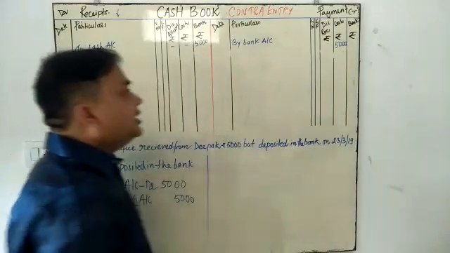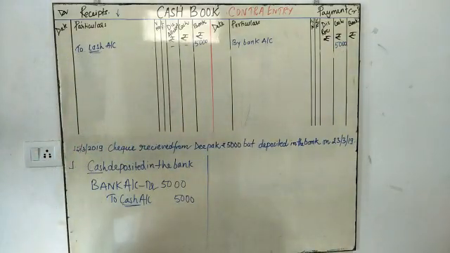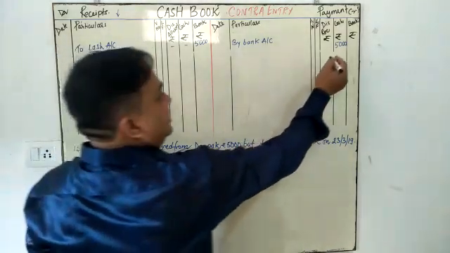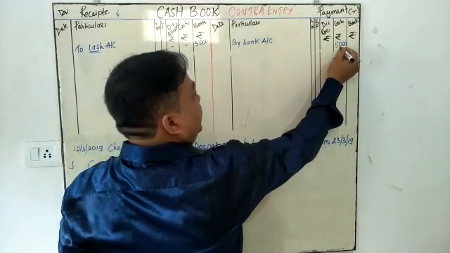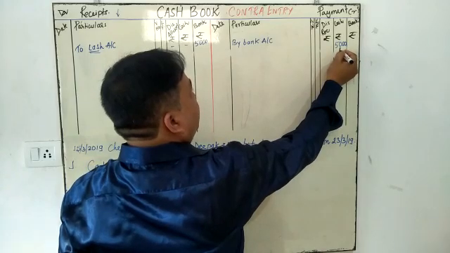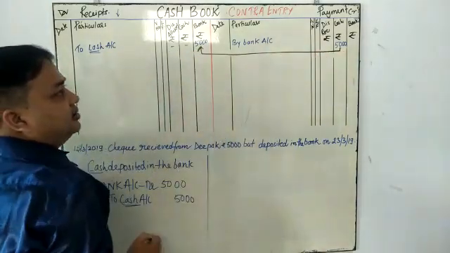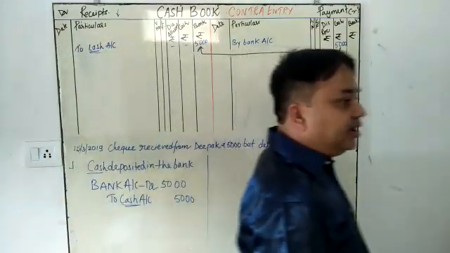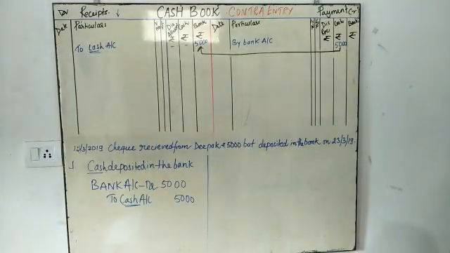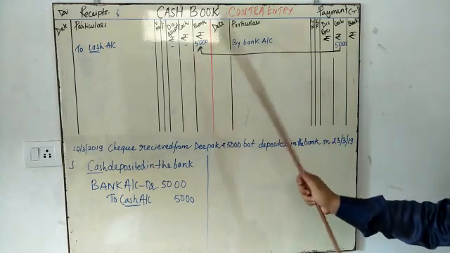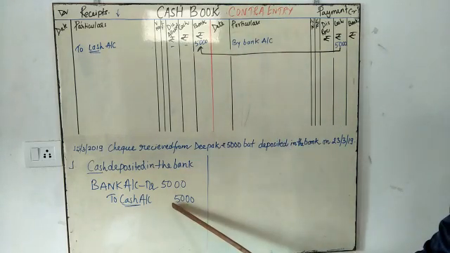Another way you can understand it simply: cash is going to decrease and is deposited into the bank account. It is a journal entry.